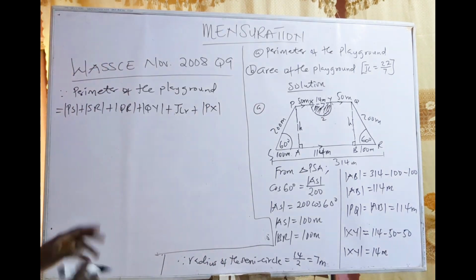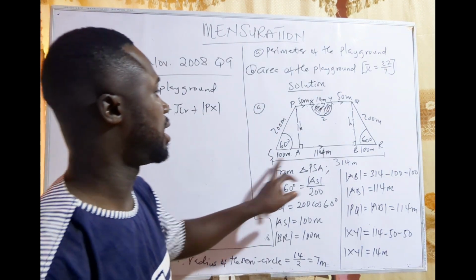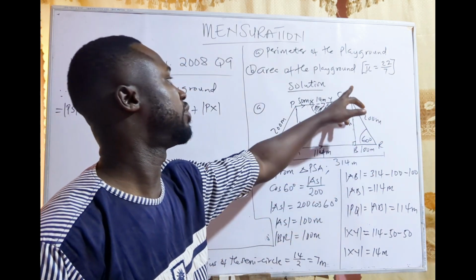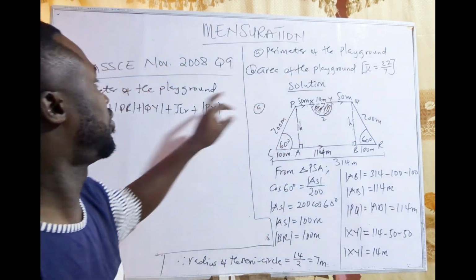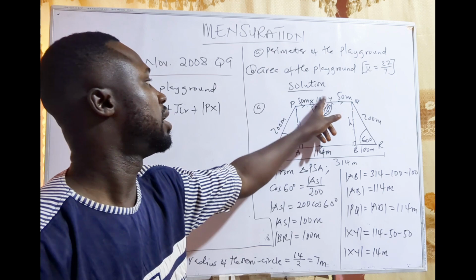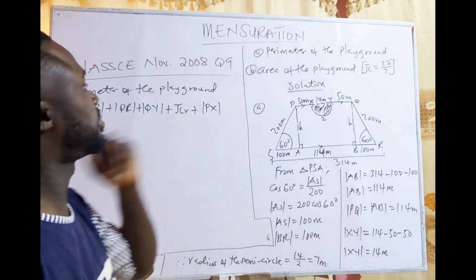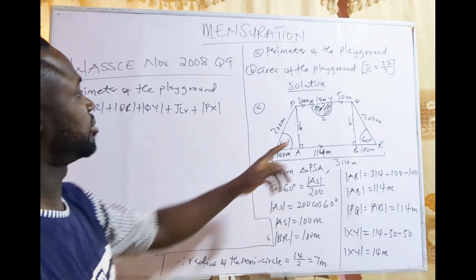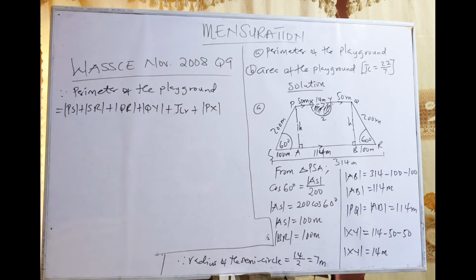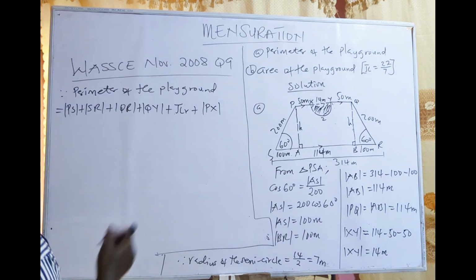All right. So PS plus SR plus PQ plus 50 here plus the length of the semicircular, that is XYZ, which is pi r, plus PX. Okay, then now what is our PS?